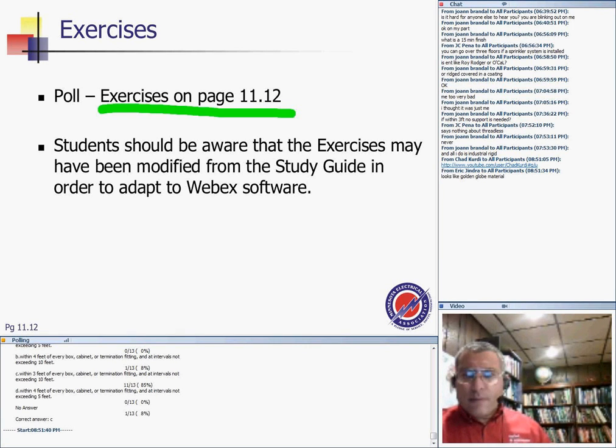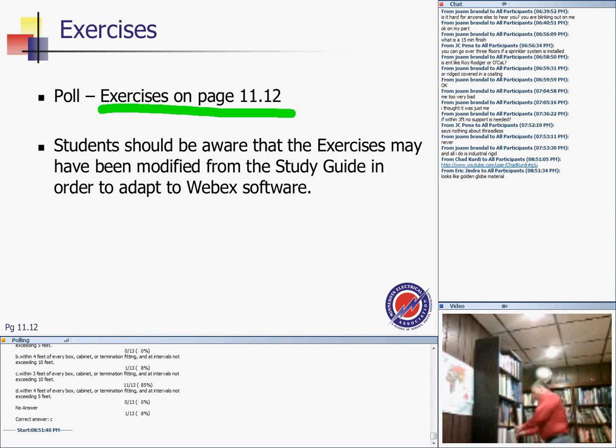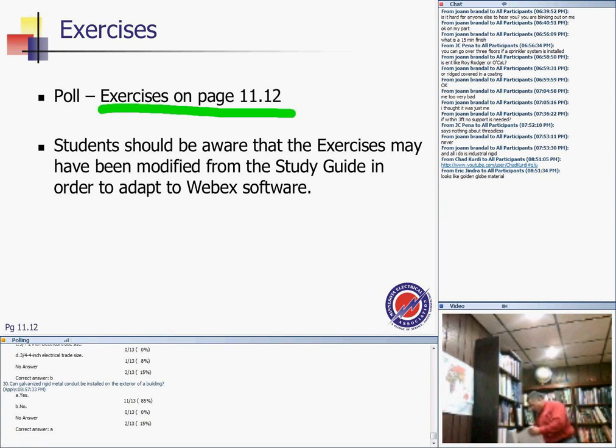All right, guys, close it. I want to go share the corrected answers.